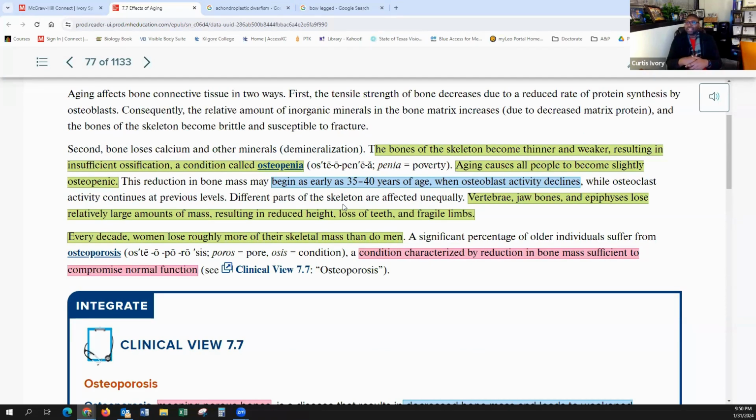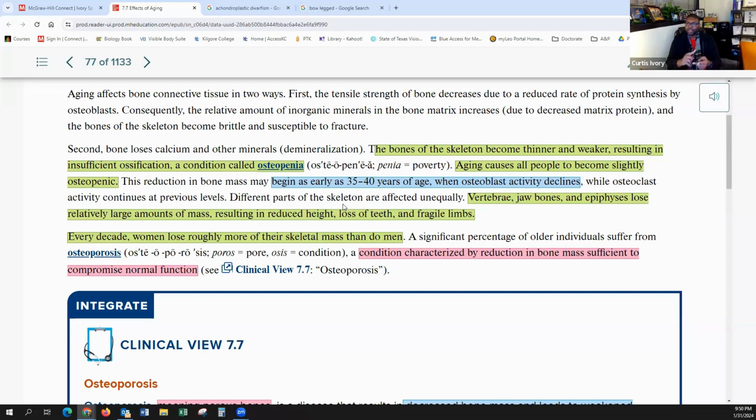osteoblast activity declines. So remember, osteoblasts are building bones. So instead of having my bones start building at around 35, I'll have more osteoclasts breaking down than my osteoblasts are building up. And so this can be seen in different parts of the skeleton, which can be affected unequally.